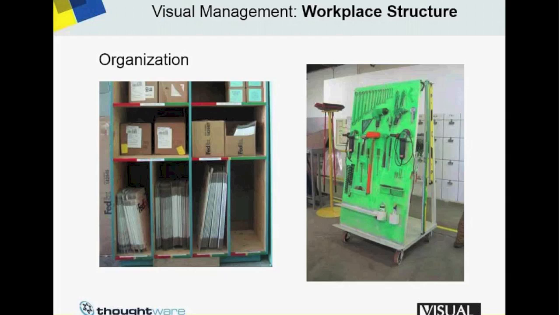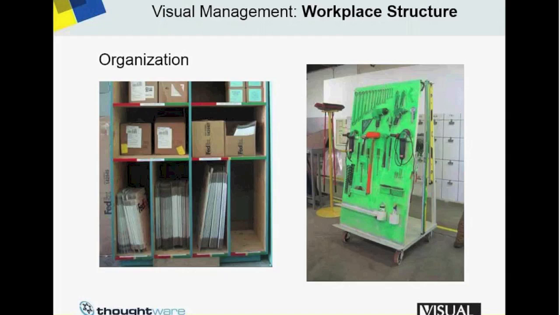This is table stakes for visual management. If you cannot create this simple discipline inside your organization, your visual management journey, your lean continuous improvement journey is going to be some tough slogging. In this picture on the left, we see a simple red, amber, green, or RAG system indicating the status of the required shipping materials.